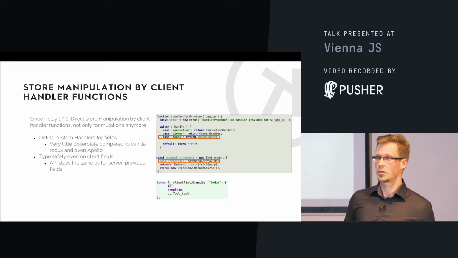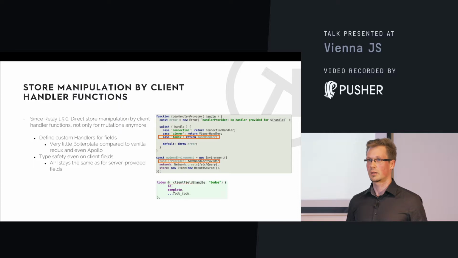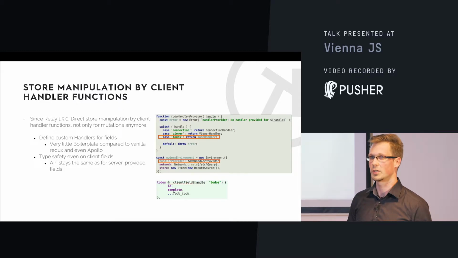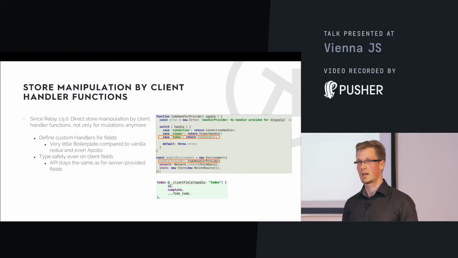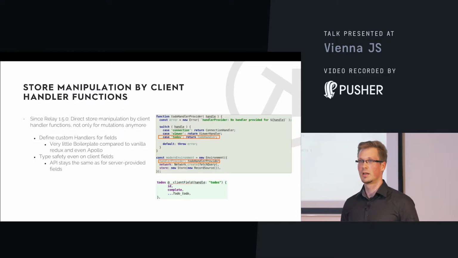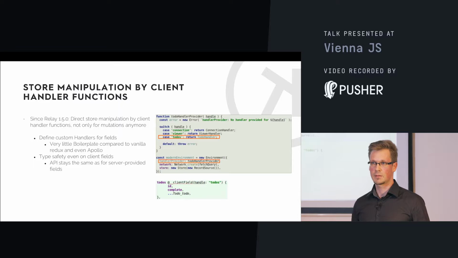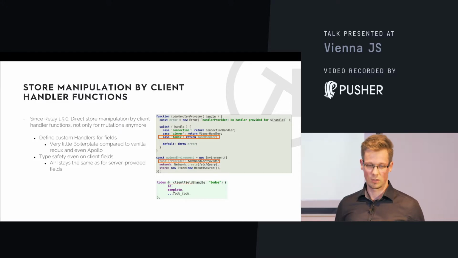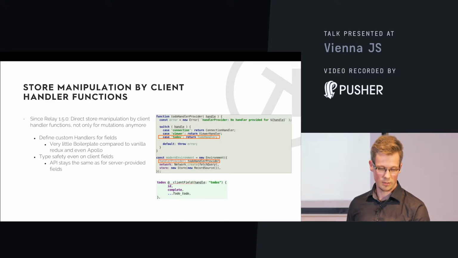Another feature, not really a Relay feature, but a GraphQL feature, is type safety for the data requirements. GraphQL, most of you know, is a type-safe way of getting data from the GraphQL server, which is connected to various data sources.